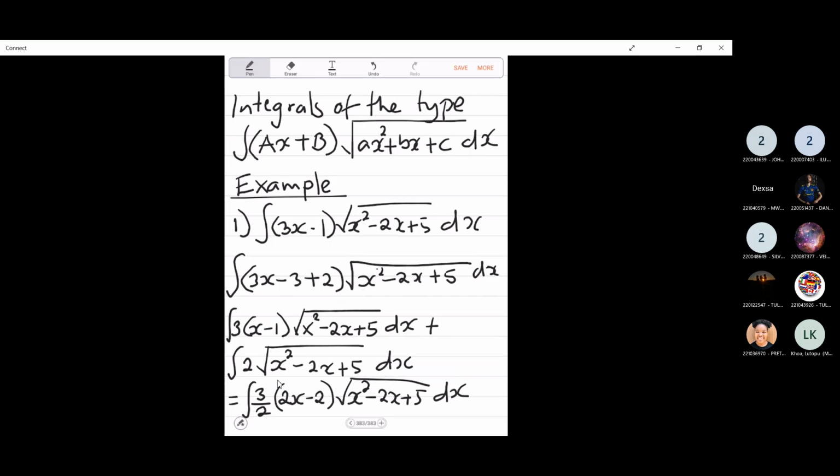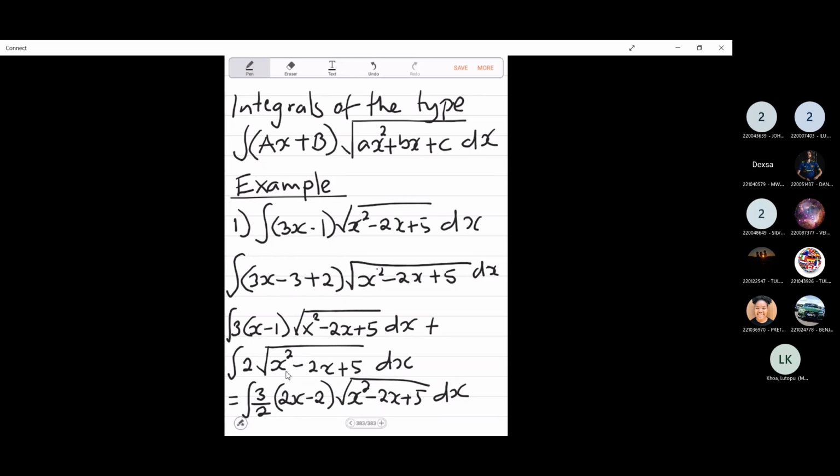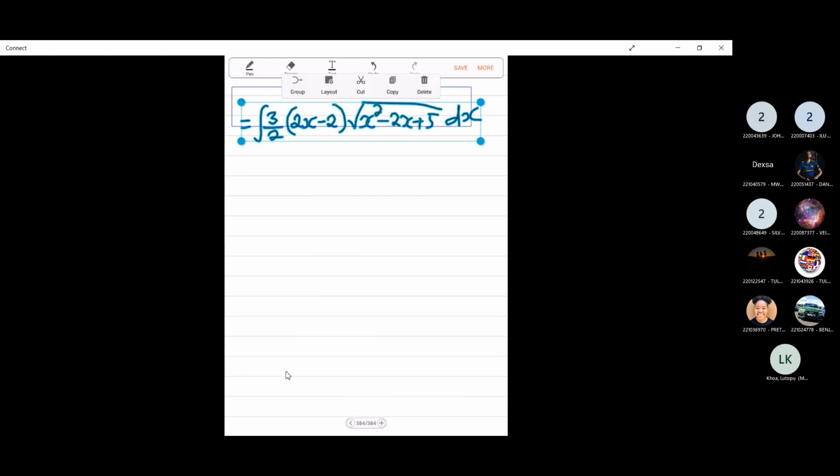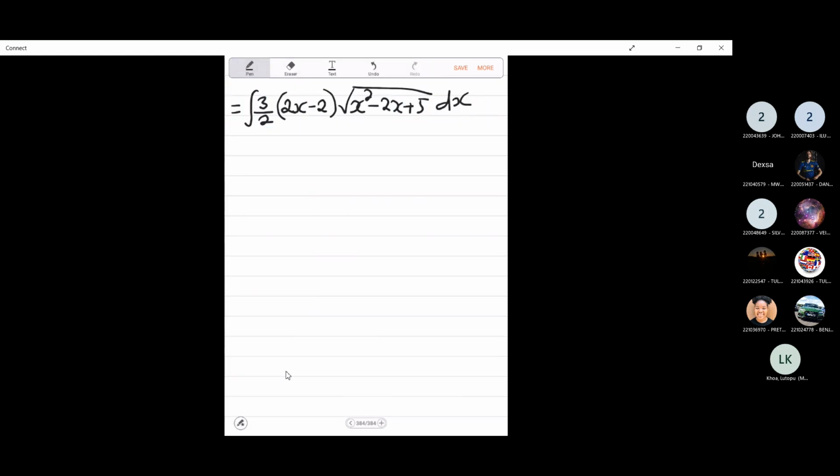Before that, you must complete the square. I'm going to take this to the next page. So we have that one, and plus the integral of 2.